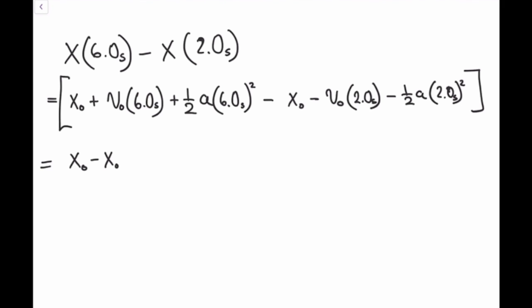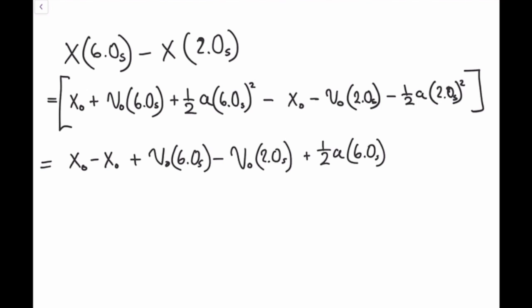We combine the velocities, so that's the initial velocity times 6.0 seconds minus 2.0 seconds. Then we have 1/2 the acceleration times the time squared. The first one is positive because it's the greater one, 6.0 seconds squared, minus 1/2 a times 2.0 seconds squared.